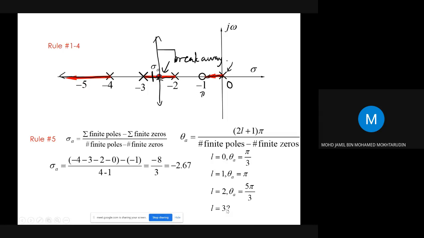At L equals 3, you get 7 pi over 3. This is already more than 2 pi, so kita tak nak. So the asymptotes will be something like this, and this, and this. Ada 3 asymptote, at angles pi over 3, pi, and 5 pi over 3.